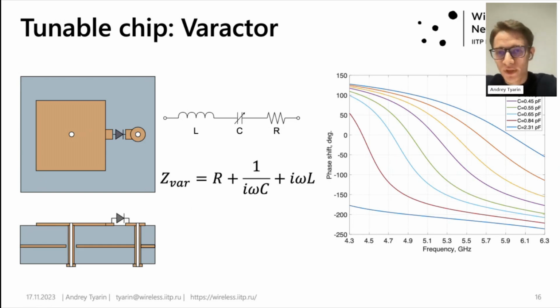As for the pin diode, the varactor location determines the polarization of the EM wave on which the phase shifting occurs. The picture on the right illustrates the relationship between the phase shift and the frequency of the UC with the varactor for multiple capacitance values under the normal incidence of a linearly polarized EM wave.